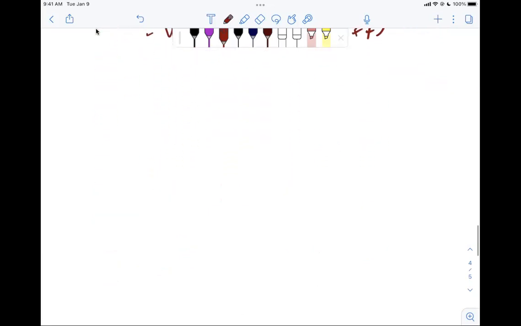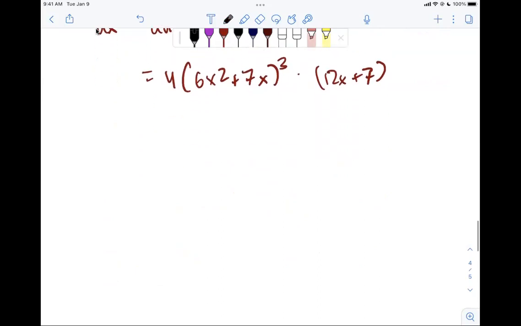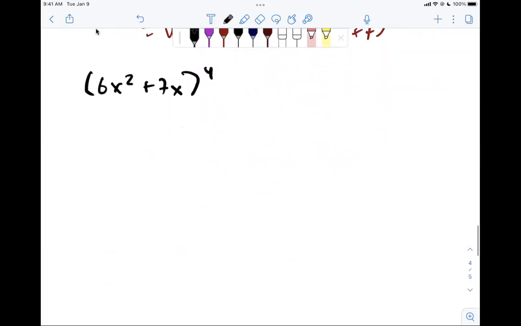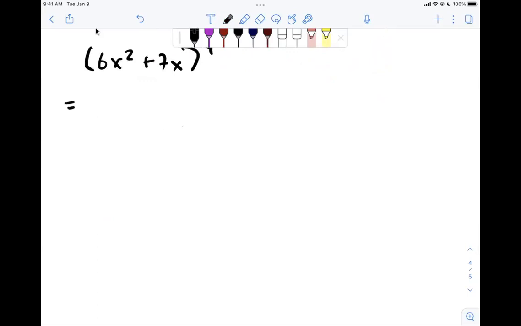And finally, here's one way not to do it, maybe. So the final way we could do this is by just expanding it out. This gets really ugly, but it is possible to do this. Here's what the answer turns out to be.